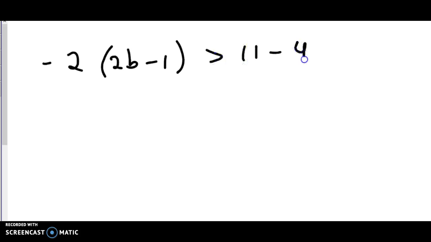And these are on your review, so I've done 2 problems for you. I'll just do another screen, it's easier. So negative 2(2b minus 1) is greater than 11 minus 4b. So distributive property.